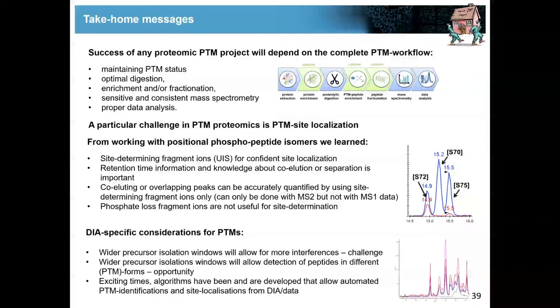These papers are all very recent, and they are still under development. And automated PTM and site localization of DIA data, I think, is just gaining momentum and speeding up. And George will tell you a lot more about these PTM software tools later on.